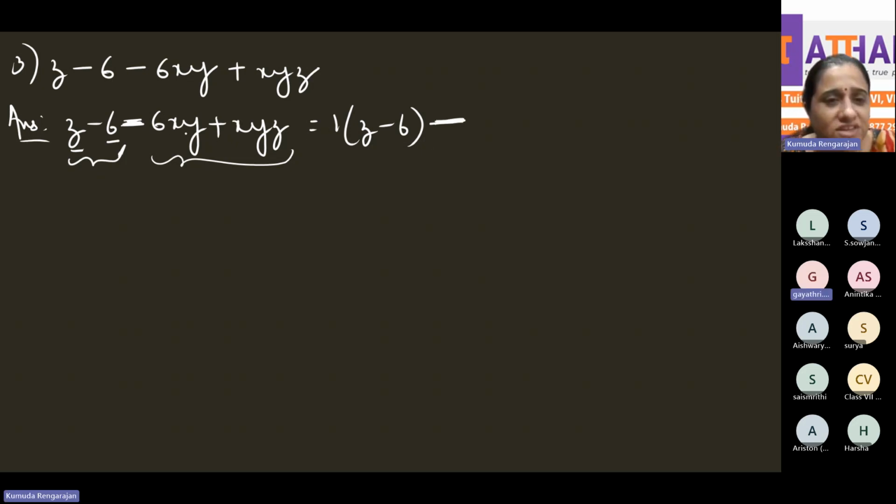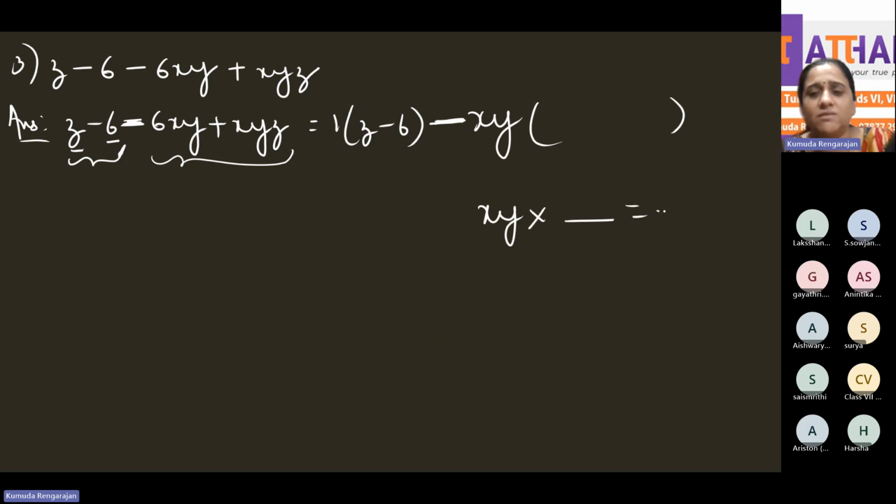Now, what is the HCF of 6xy and xyz? xy. Now, what should we write in the bracket? Minus xy, which is common, into what will give you the third term, minus 6xy? Please take it with the sign. 6. Correct? Yeah.